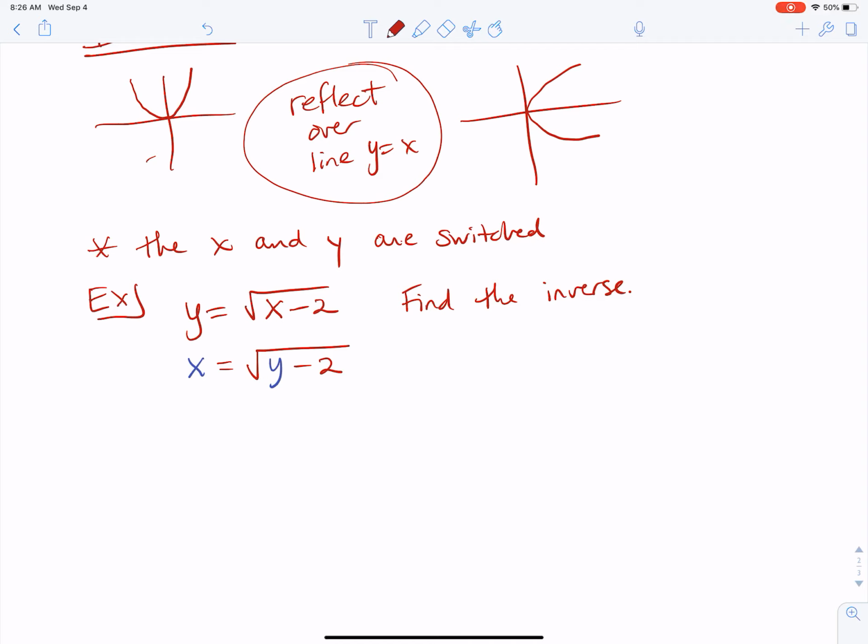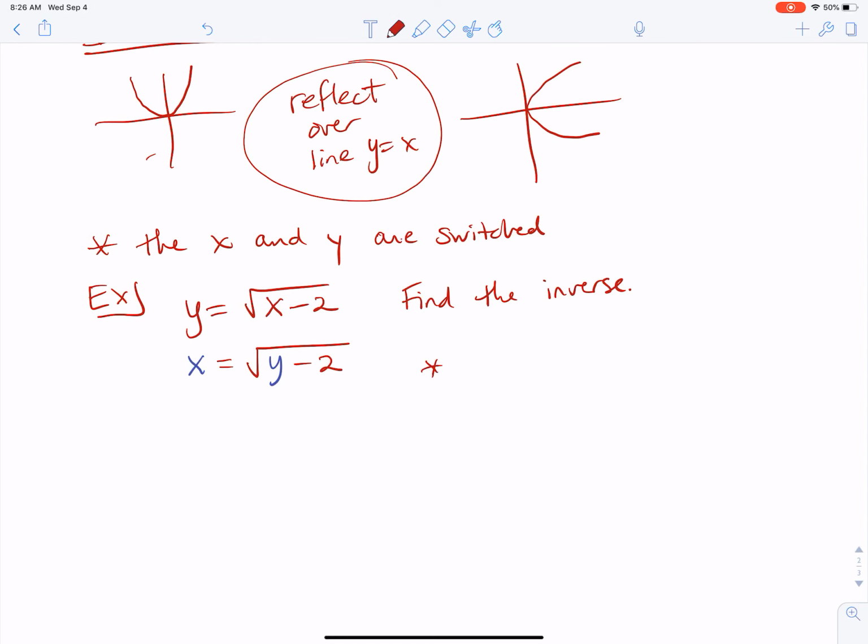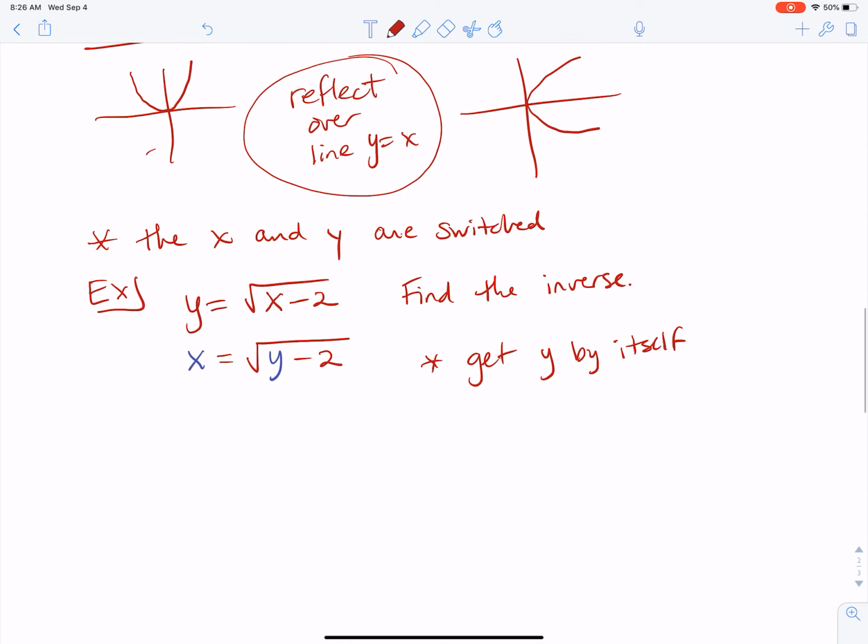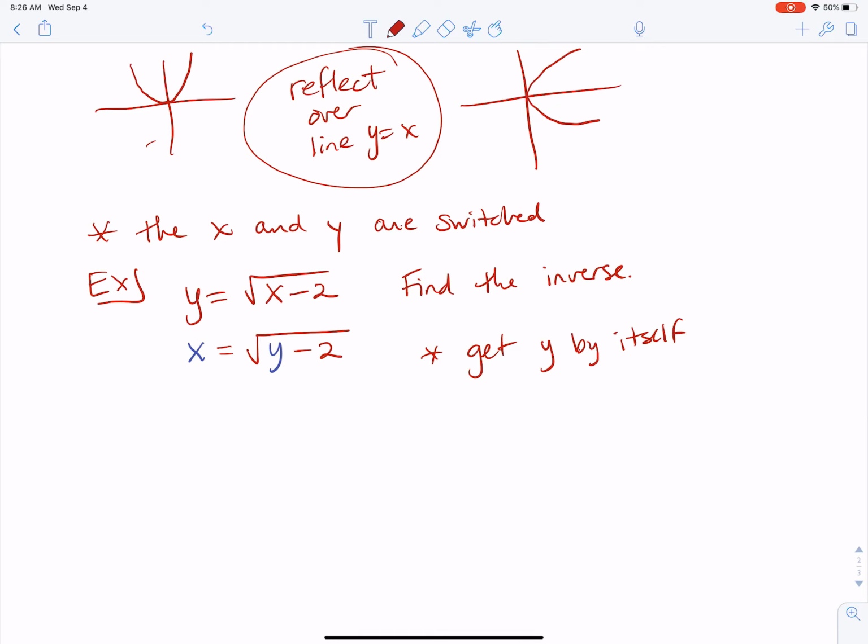And then you want to solve for y so that you can find the equation of the inverse. So to get y by itself, you are going to have to get rid of the square root sign. The inverse operation of square rooting is to square, so we are going to square both sides. This side becomes x squared, and then here we get y minus 2. And then we need to add 2 to both sides.